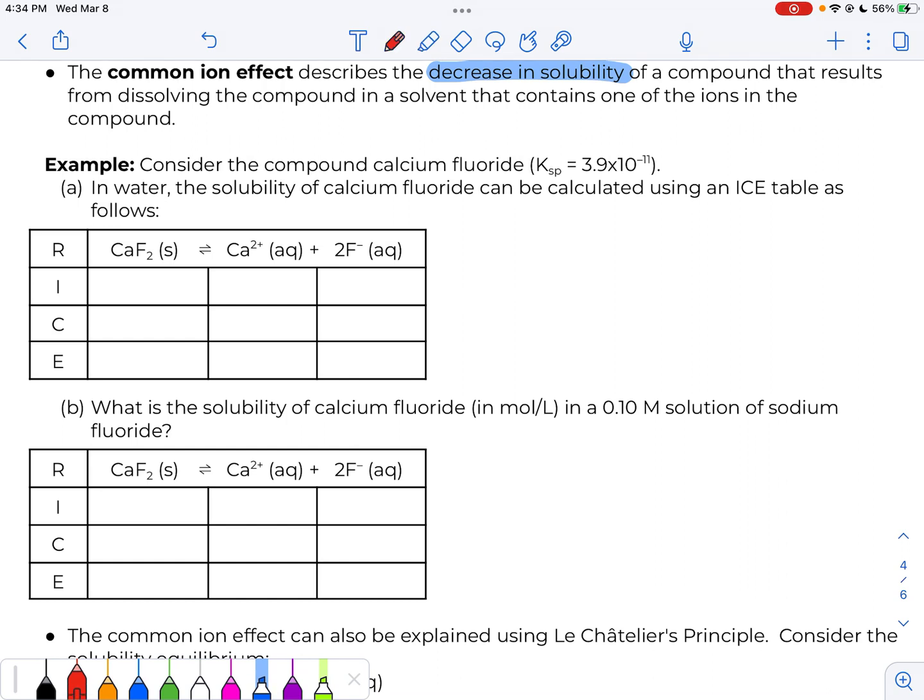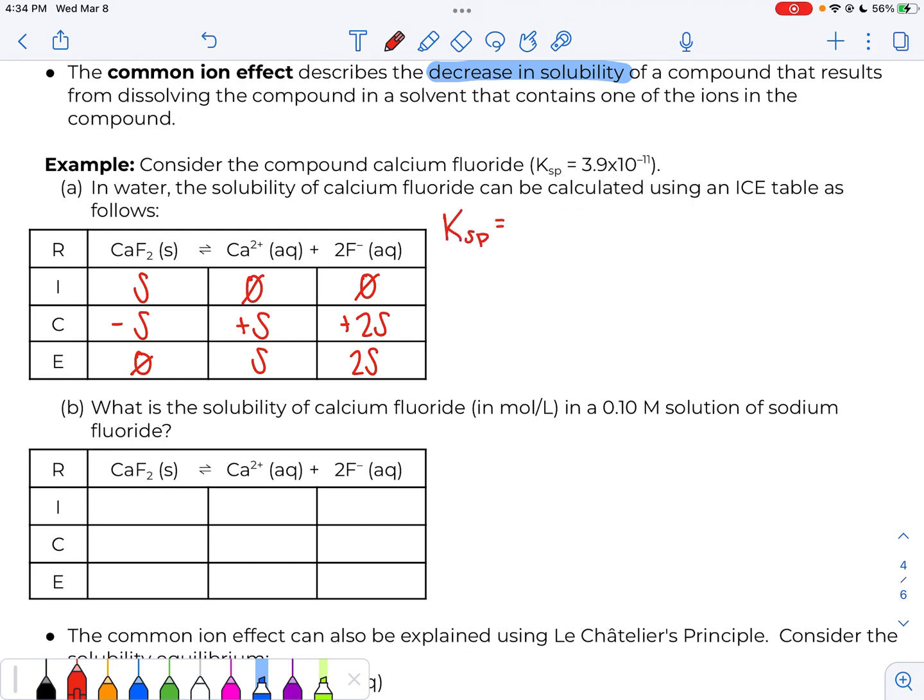So if we know we're starting out with solubility S and we have no concentration of our ions, using our stoichiometric coefficients, we know that we're going to add S for our calcium and we're going to add 2S for our fluoride. We'll have no salt left over at the end. We'll have S molarity of calcium and 2S molarity of fluoride.